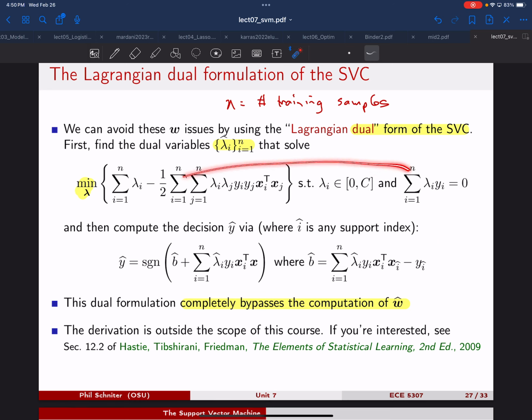You always see phi transpose phi, and phi transpose phi is just a scalar, right? So even if phi has a very high dimension, it's just used implicitly, rather than if you explicitly use this phi function.